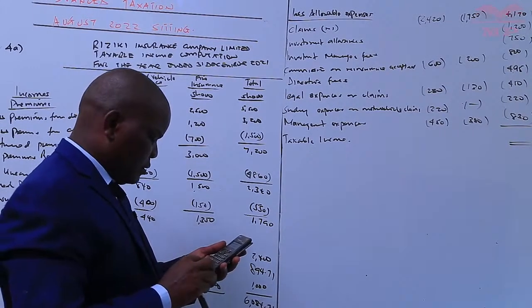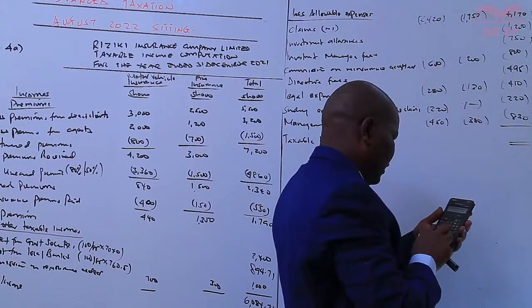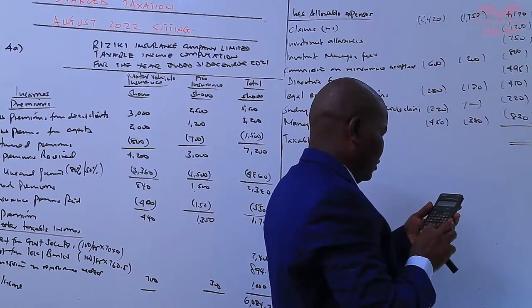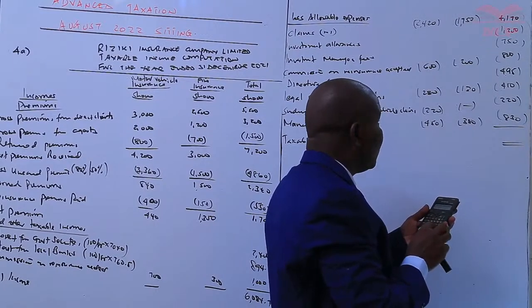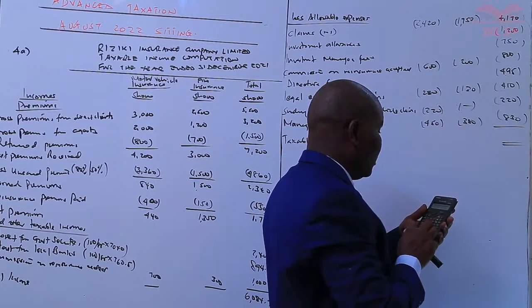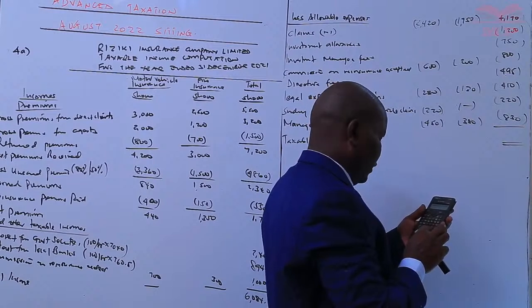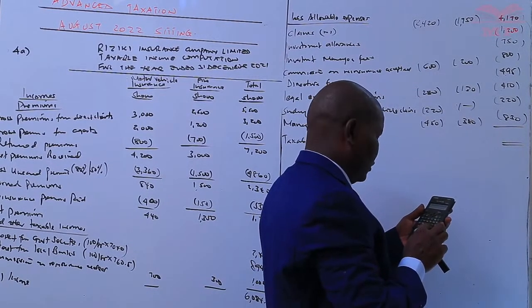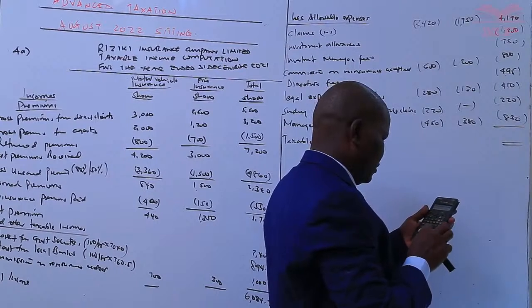84.71 less, we are here, 4170, 1200, 750, 800, 495, 410, 220 and 830. 830.